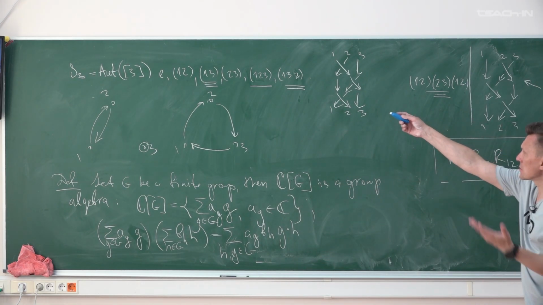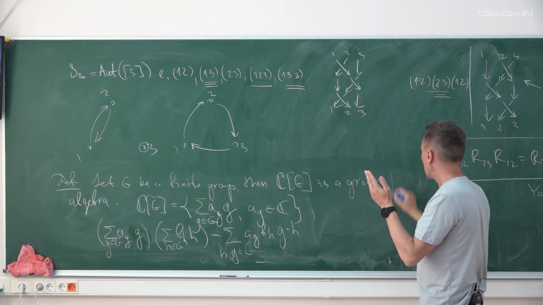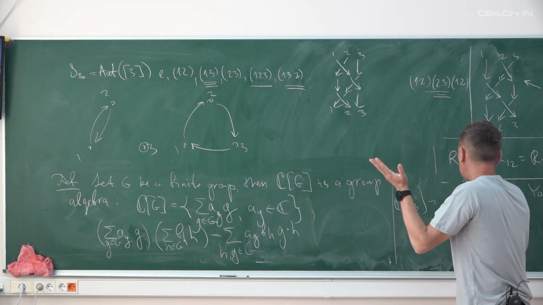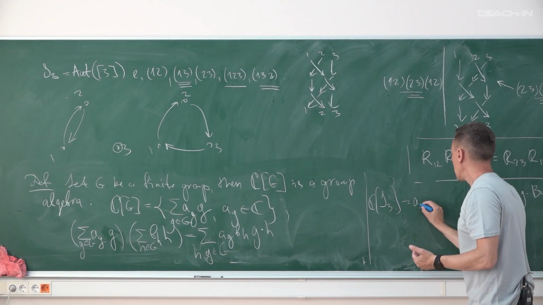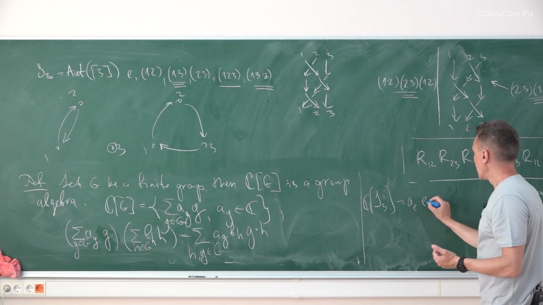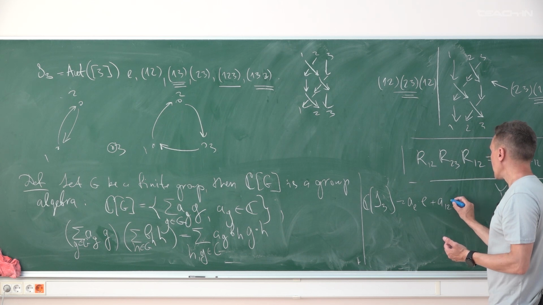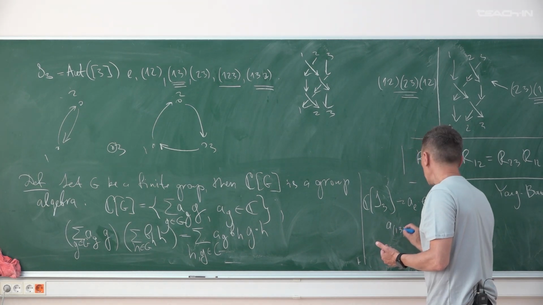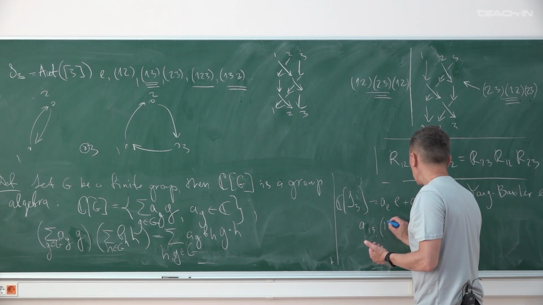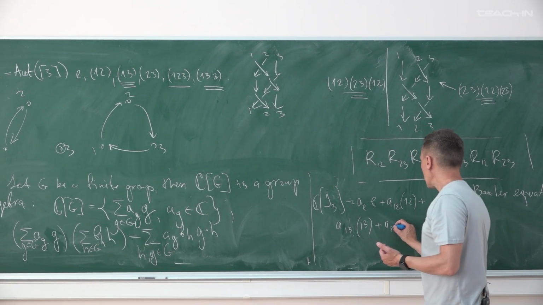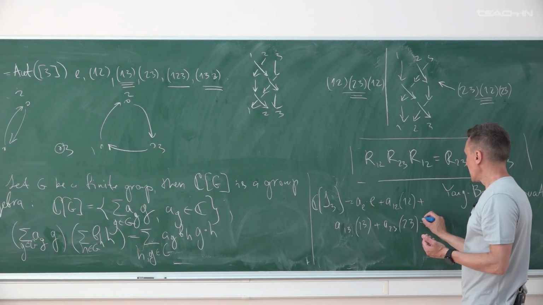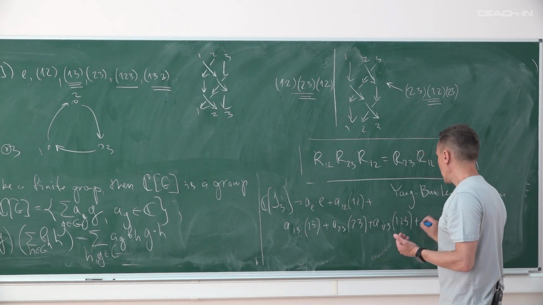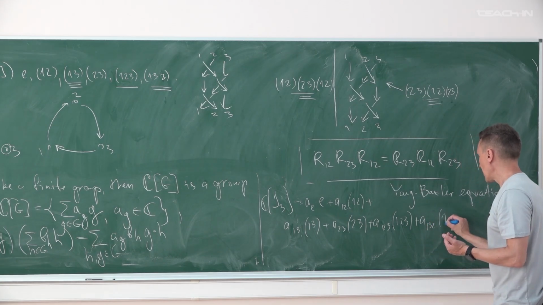So it means that we should consider, in the case of S3, some element a_e multiplied by e plus a_(1,2) multiplied by (1,2) plus a_(1,3) multiplied by (1,3), a_(2,3) by (2,3) plus a_(1,2,3) by (1,2,3), a_(1,3,2) multiplied by (1,3,2).